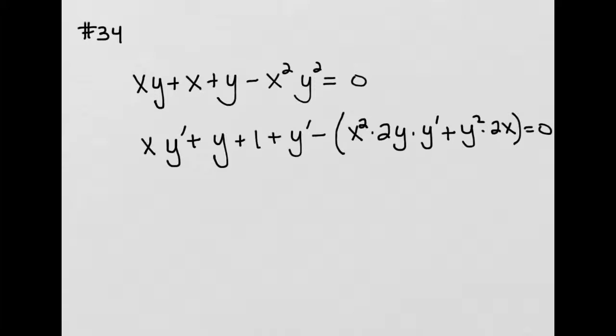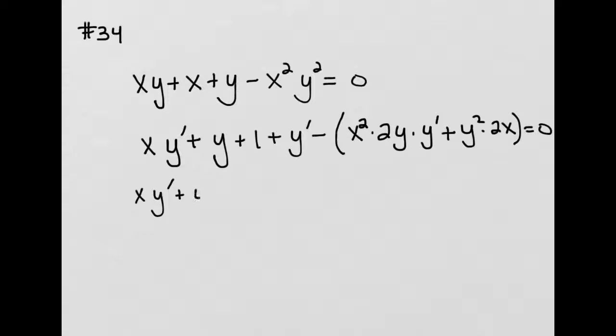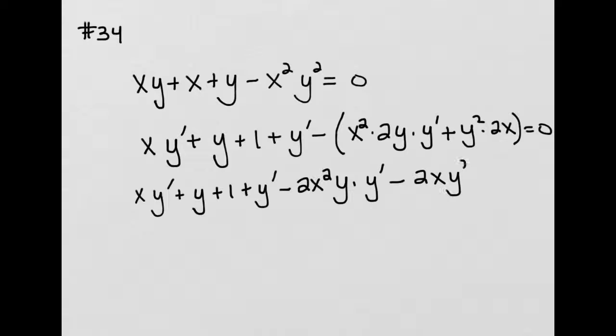So now I have x y prime plus y, plus 1 plus y prime. And now I'll distribute, and I get a minus 2x squared y times y prime minus 2x y squared equals 0.